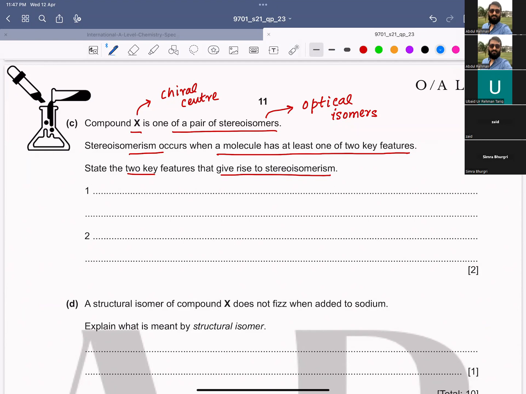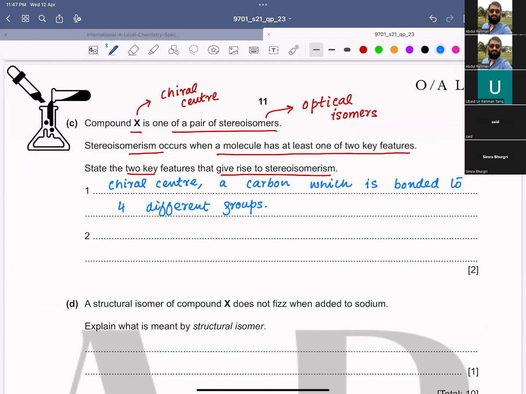So I will write chiral center, and further I can elaborate: a carbon which is bonded to four different groups.